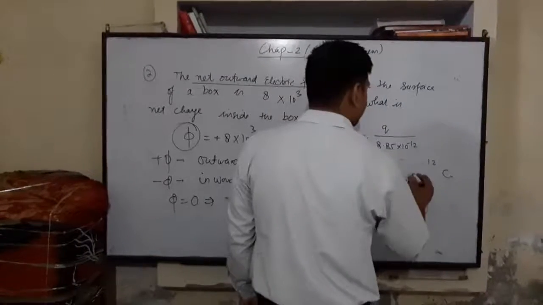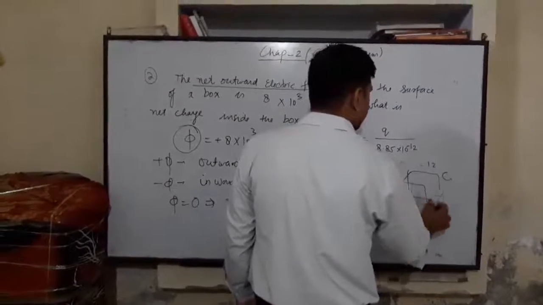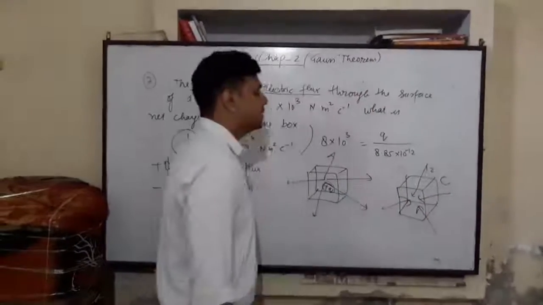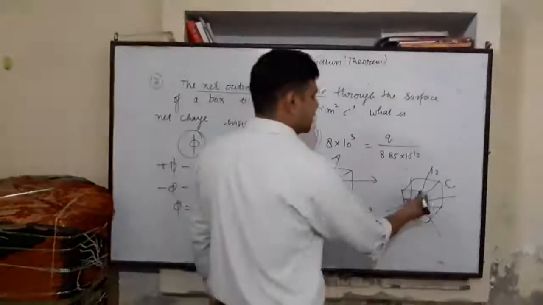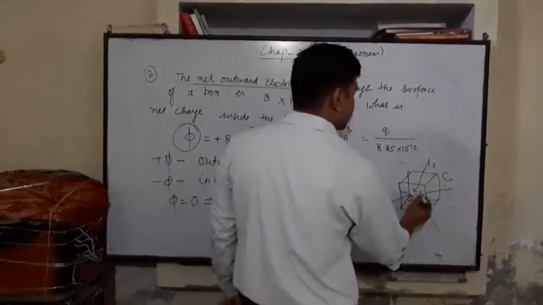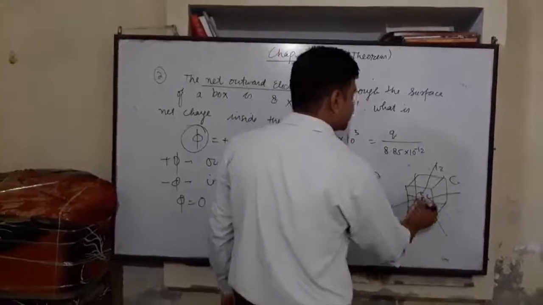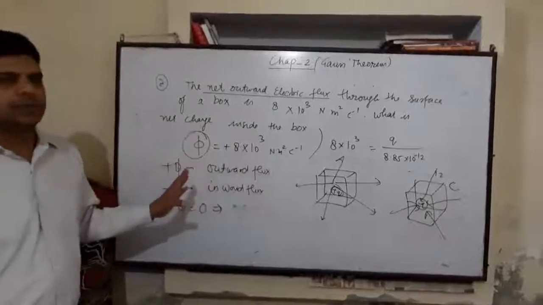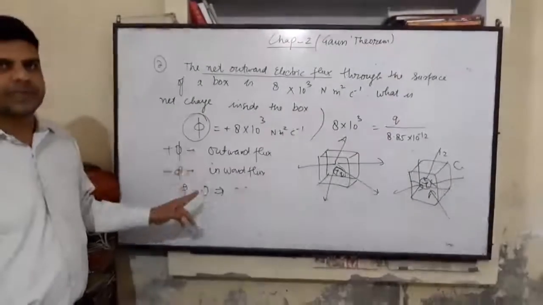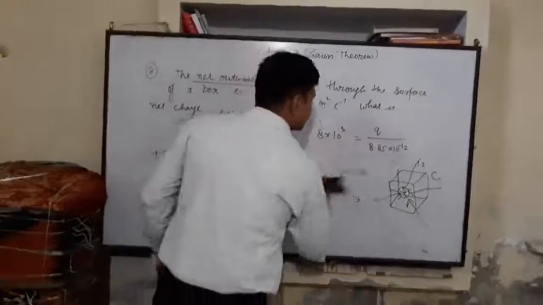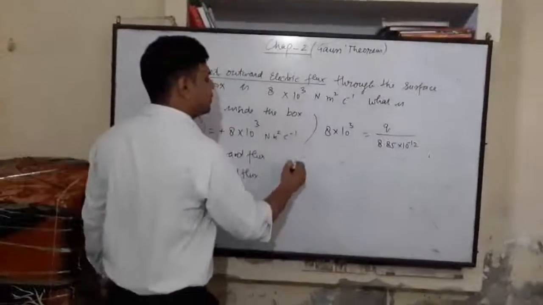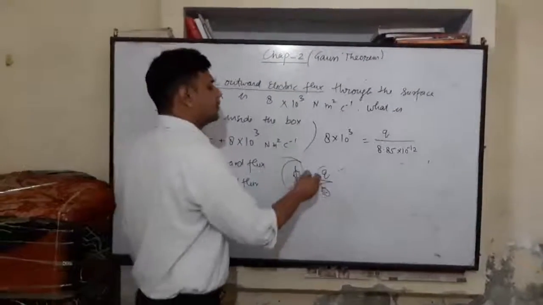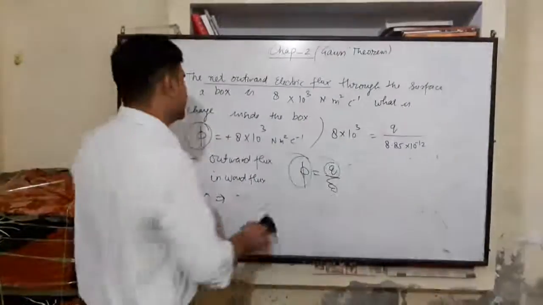If flux is negative, the field lines are inward, which represents the presence of a negative charge inside this surface. Always remember, in Gauss theorem always use the value of phi and the value of q with appropriate sign.